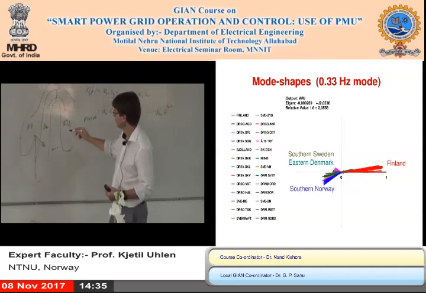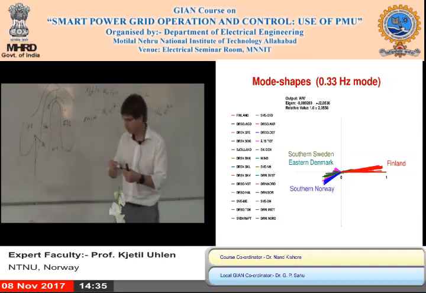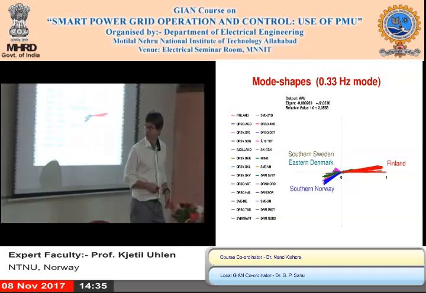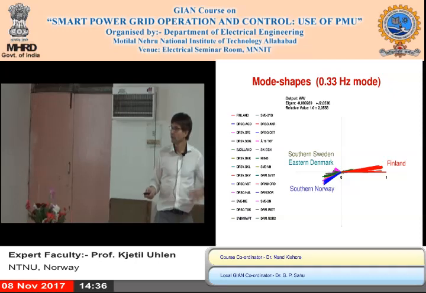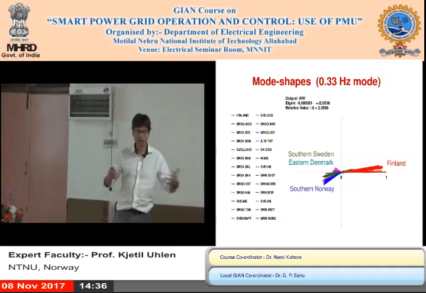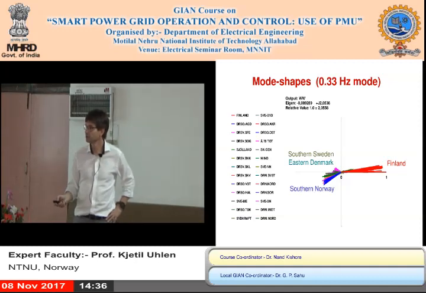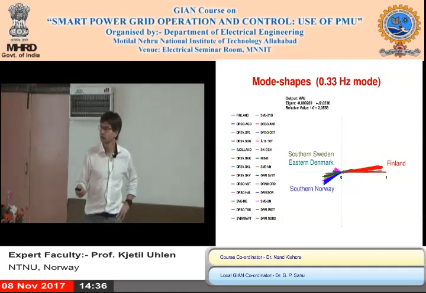So you might say that Finland is at the totally opposite end of the power system. Therefore, you have low frequency oscillation between them. And the Finnish generators are usually in opposite phase to the rest of the system at 0.33 hertz.